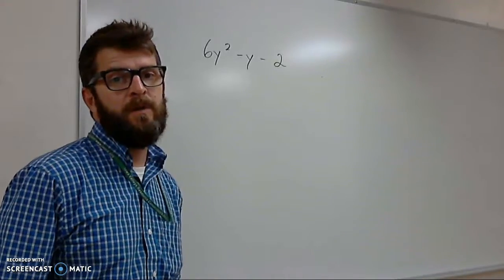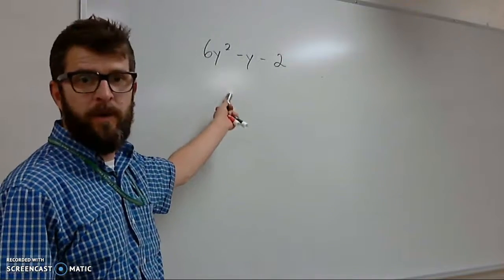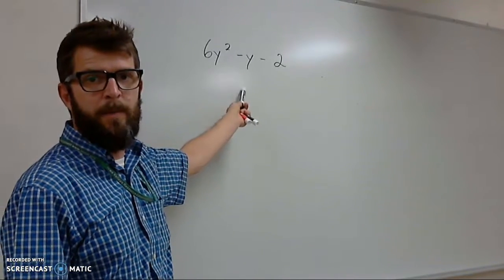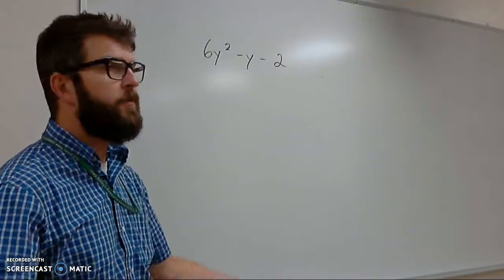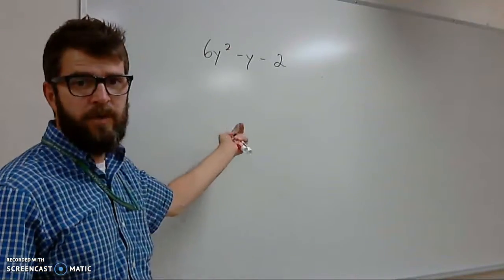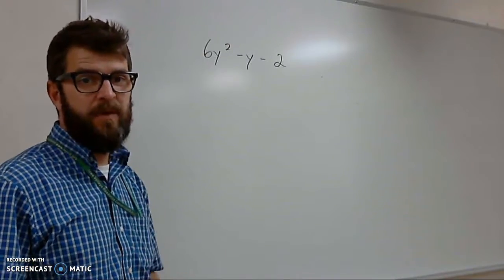So the example that we're going to start with is this trinomial right here, 6y squared minus y minus 2. I hope you can see that okay. And the directions are factor this using the AC method.